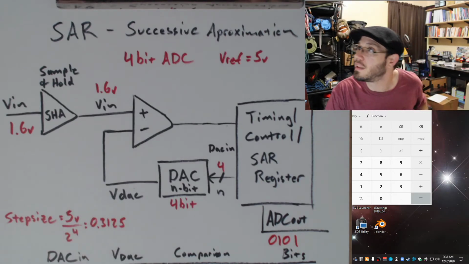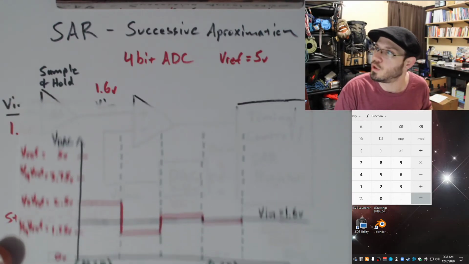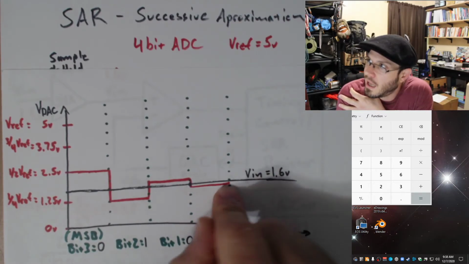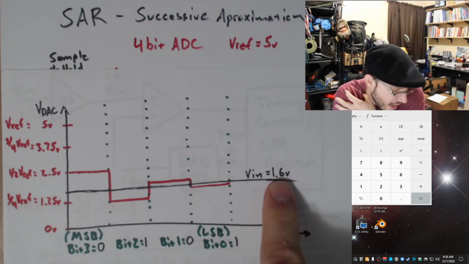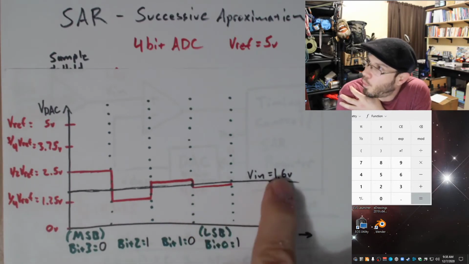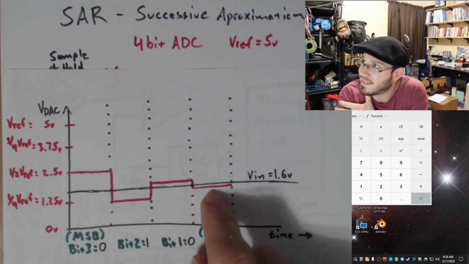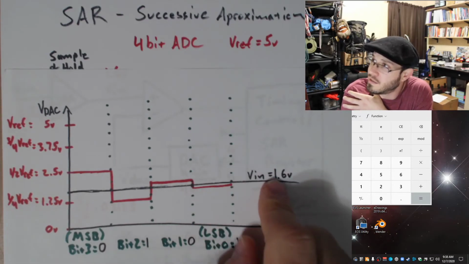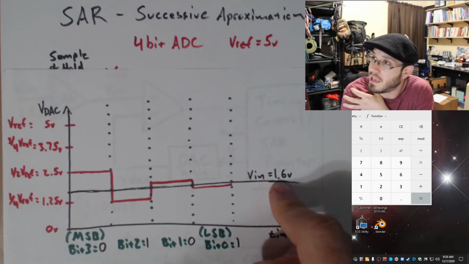And by stepping through this successive approximation, we were able to home in on our analog value coming into the ADC. Now, is it exactly 1.6 volts? No, but we only have 4 bits to work with. So this is the best that this analog digital converter can do for approximating a digital value that is equal to our analog voltage that's coming in.